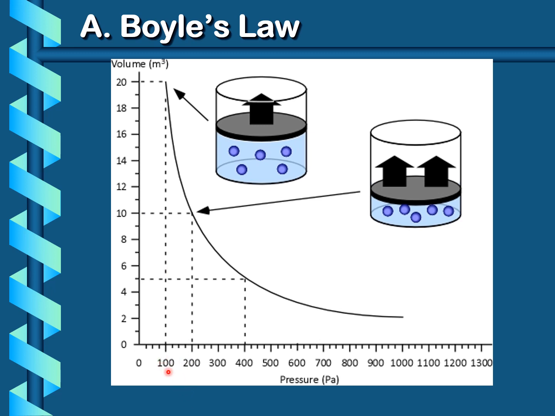The pressure is increased by 100%, and the volume is decreased by about half of the original volume. This really shows that volume and pressure are inversely proportional.